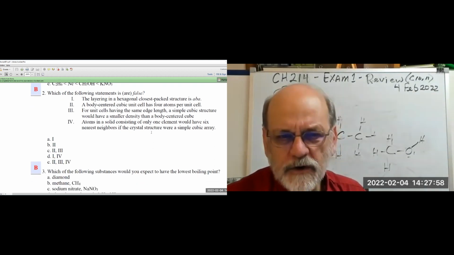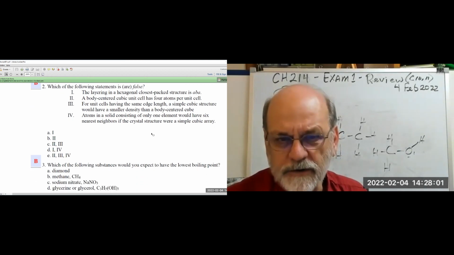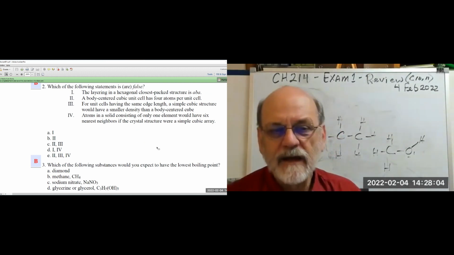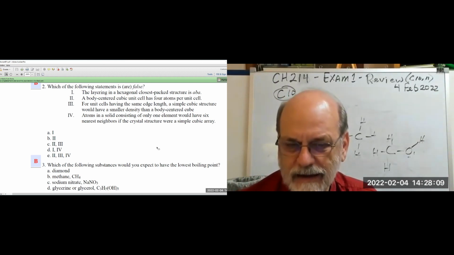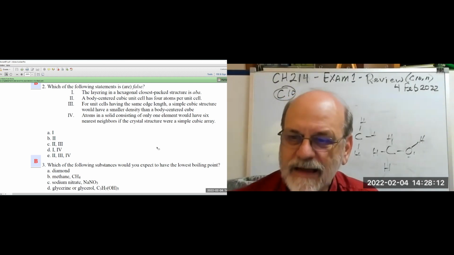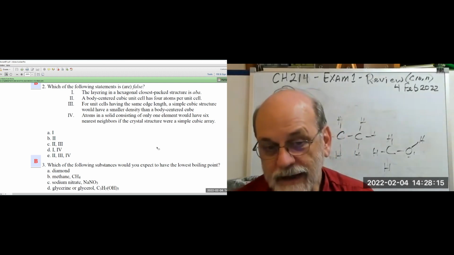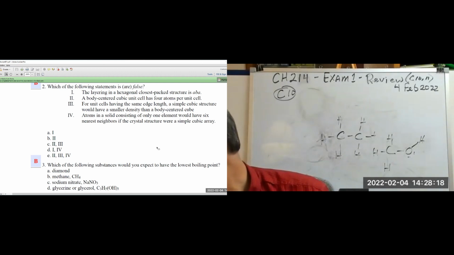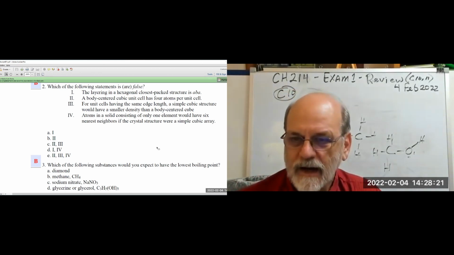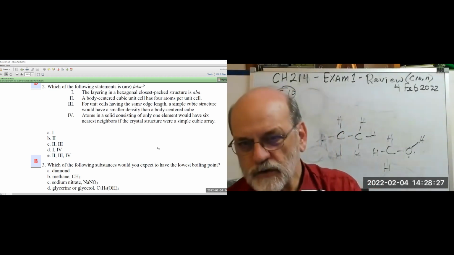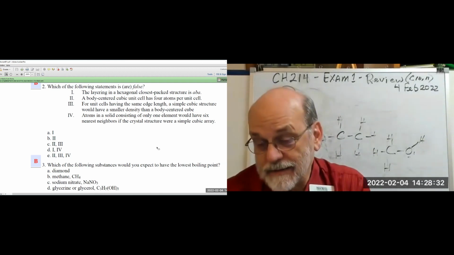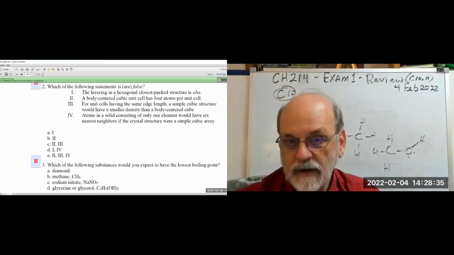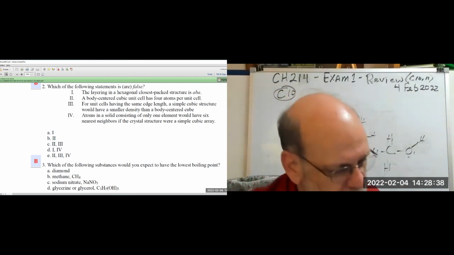Let's see, 2. Which of the following statements are false? All right. Layering in a hexagonal closest packing structure is ABA. Hexagonal closest packing. Well, this is just memory.